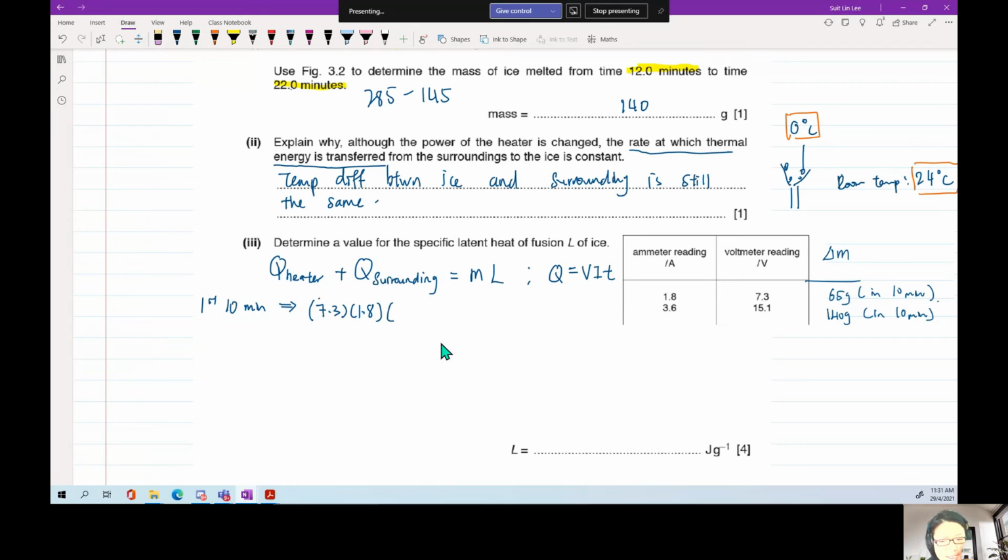You have to convert. Yes, this one is SI. Gram is not SI, but please convert, okay? So this T is 10 times 60 seconds.